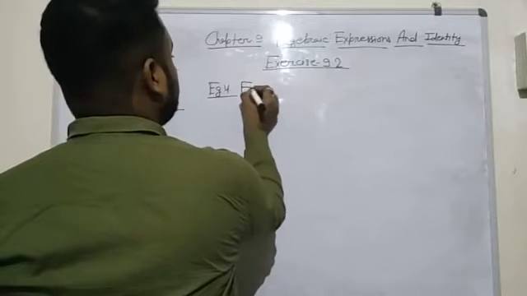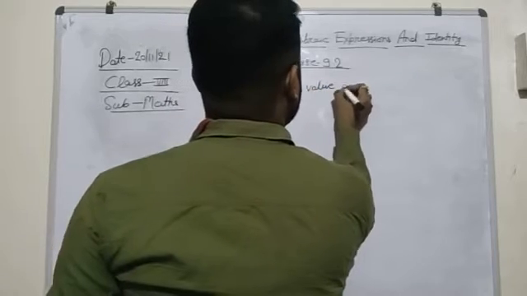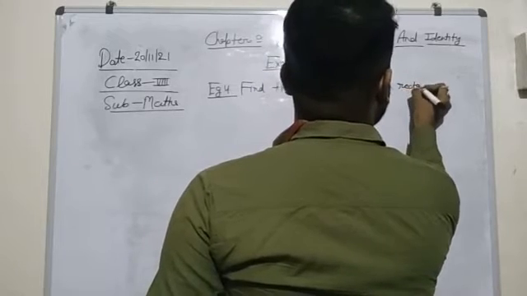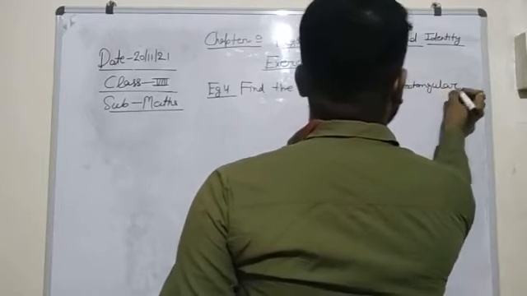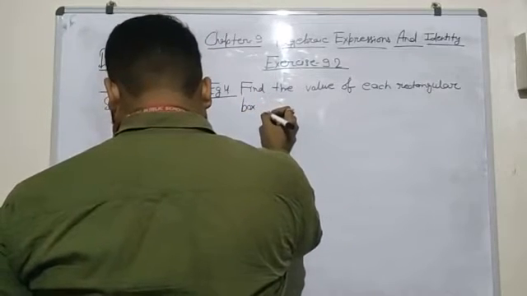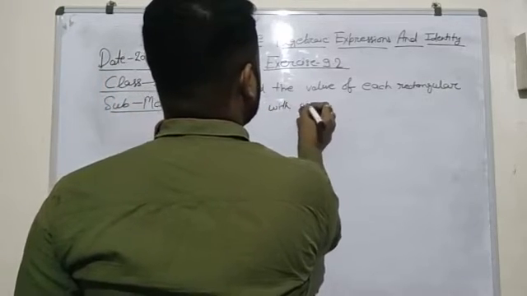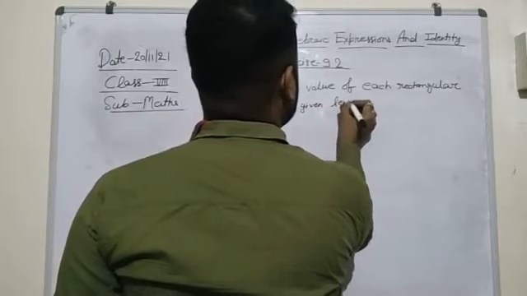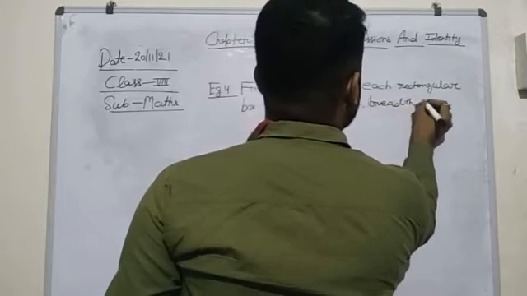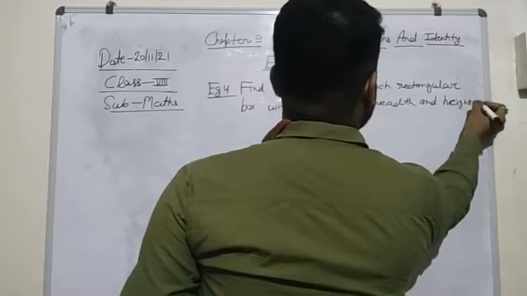The question is, find the volume of each rectangular box with given length, breadth and height.